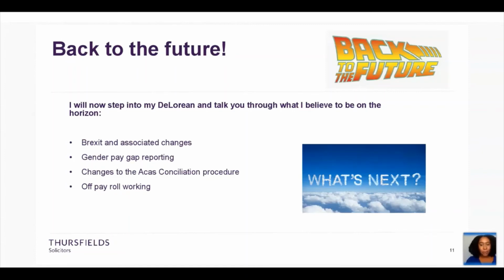So the key points regarding changes to the ACAS conciliation procedure are that the conciliator will now be able to contact parties in order to correct errors on the early conciliation form at any point during the early conciliation period. Also, there will be an increase to the length of the early conciliation period to 6 weeks from the current 1 calendar month.